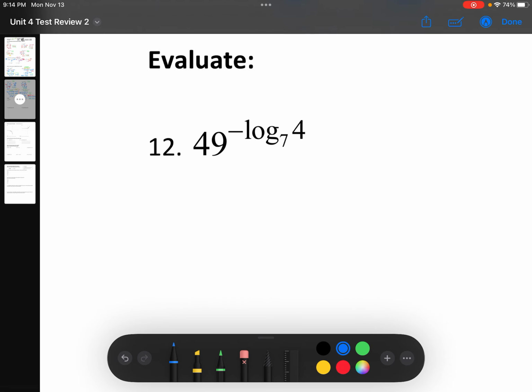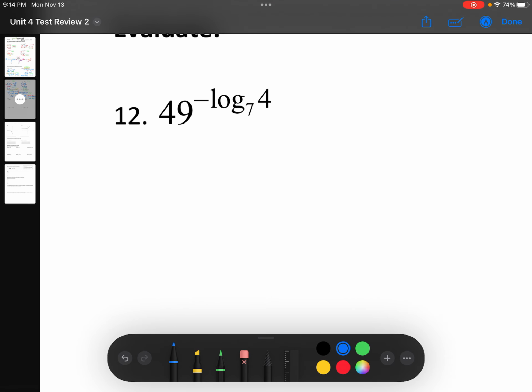Let's take a look at 12. We have 49 to the power of negative log base 7 of 4. And that's going to equal something. What we need here is the base of the log and the base of the exponent to be the same.